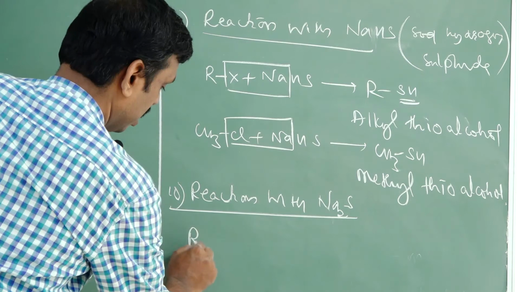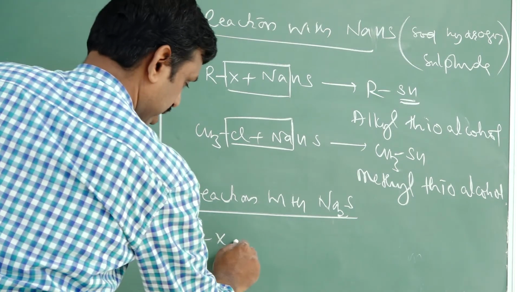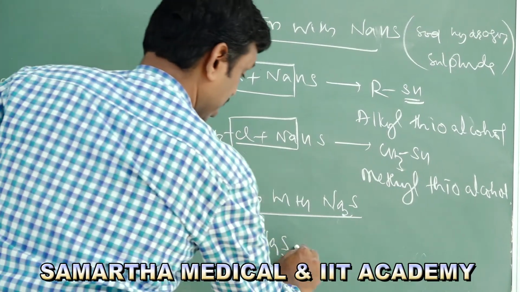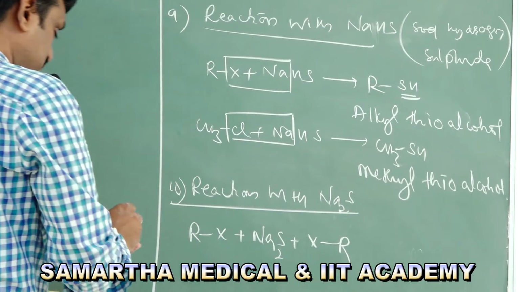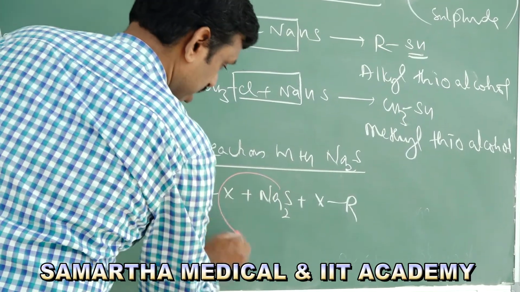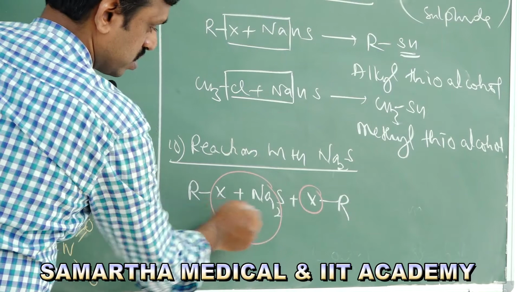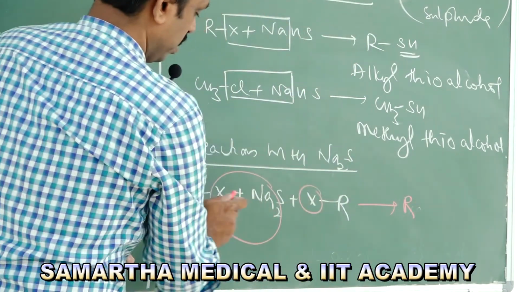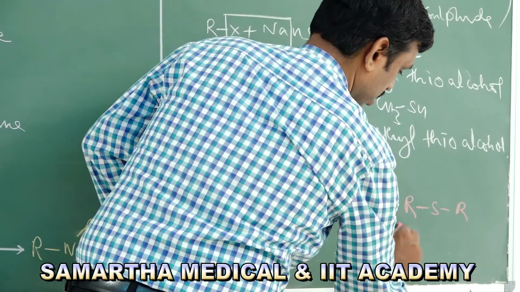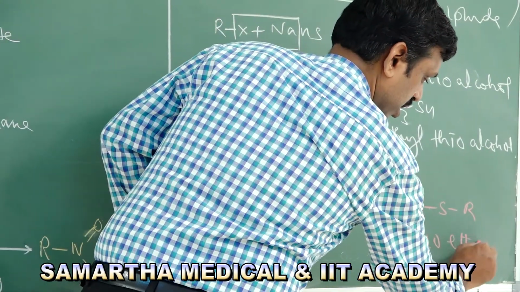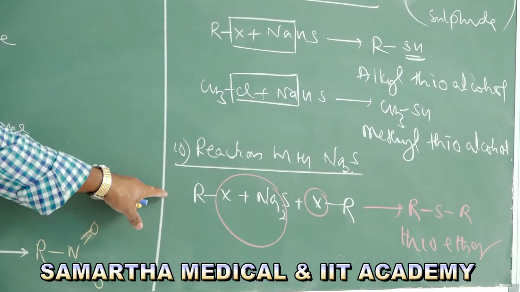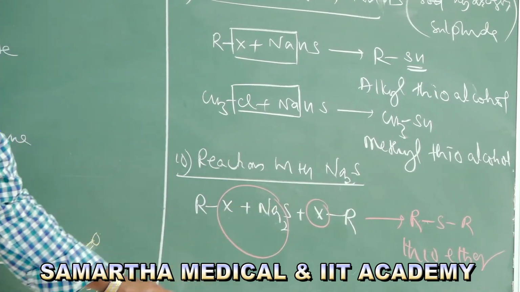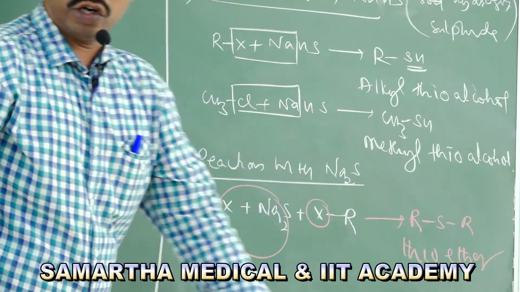Let us take alkyl halide RX, reacting with Na2S, with another RX, two moles of RX, giving Na2X, in the presence of alcoholic medium. Then what do you get? RSR, called thioethers. It means alkyl halide reacts with sodium sulfide to form the corresponding thioethers.